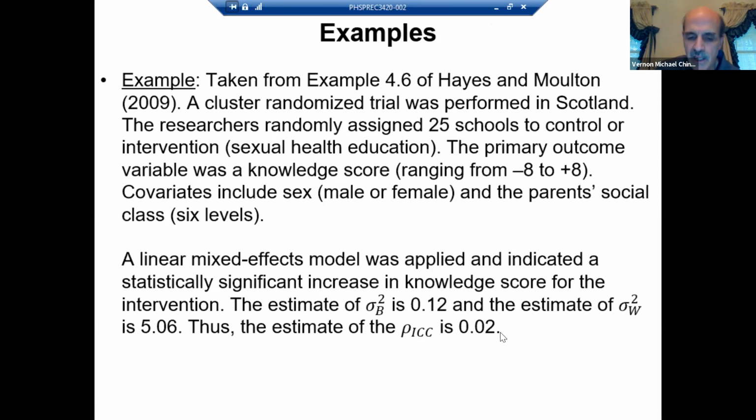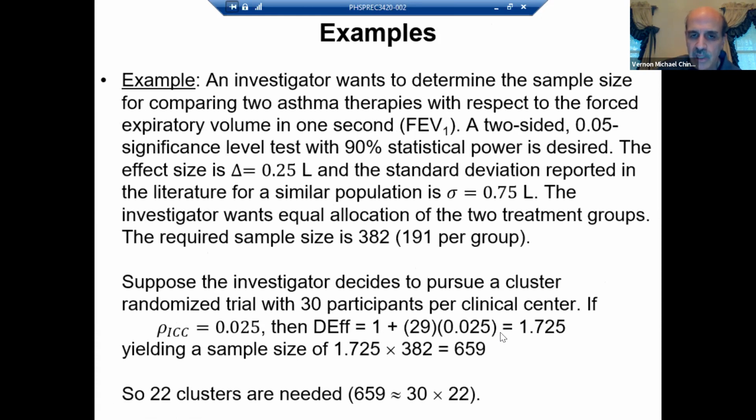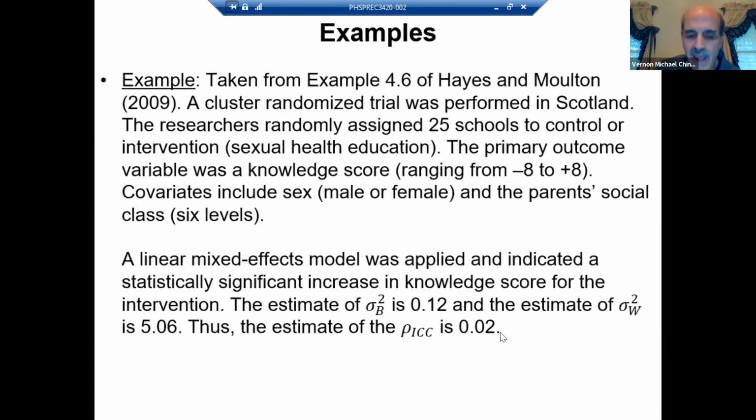And it was useful in the analysis. So there was a statistically significant increase in the knowledge score for the intervention. Okay.